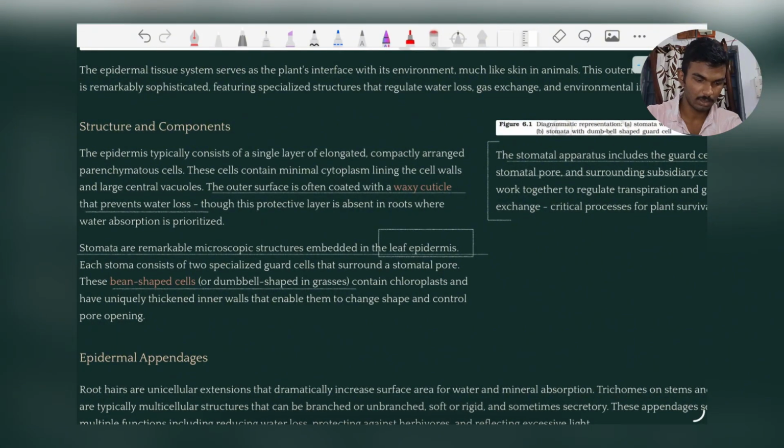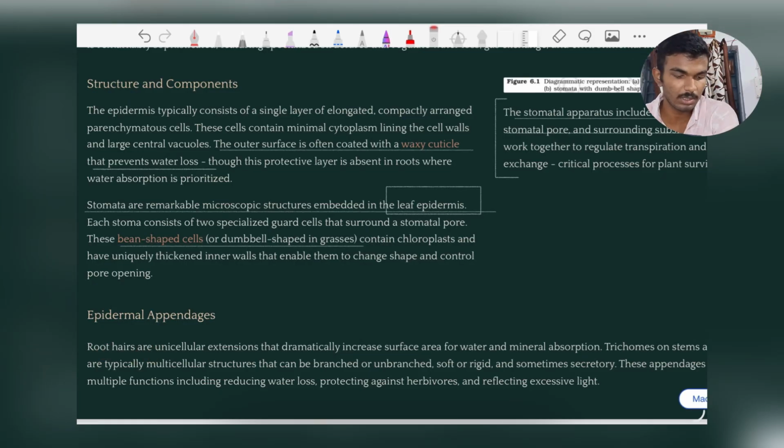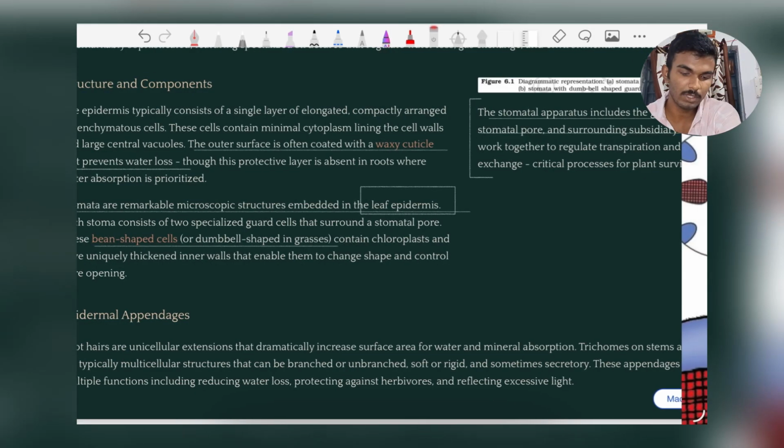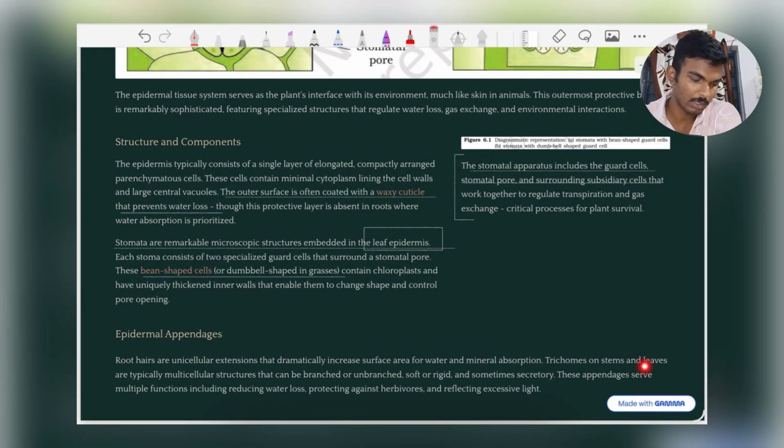Now, epidermal appendages. Root hairs are unicellular extensions that dramatically increase surface area for water and mineral absorption. Trichomes on stems and leaves are typically multicellular structures that can be branched or unbranched, soft or rigid, sometimes secretory. These appendages serve multiple functions, including reducing water loss, protecting against herbivores, and reflecting excessive light.